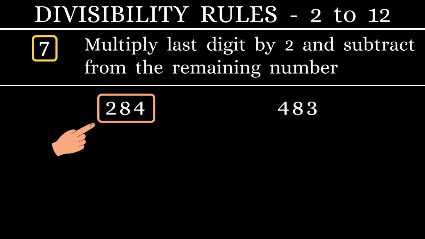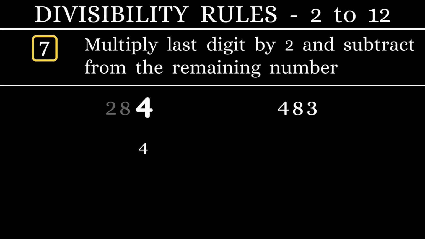284. First, we'll pick the last digit 4, multiply it by 2 and subtract this from 28. What we get is 28 minus 8, which is 20.